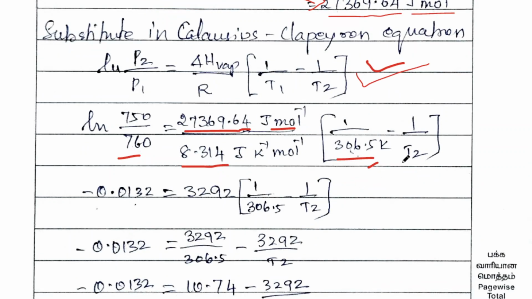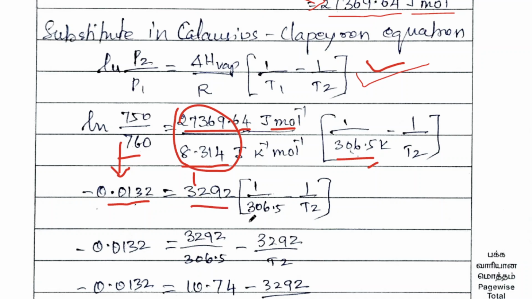Upon solving, dividing 750 by 760 and taking the natural logarithm, or you can also take log and multiply by 2.303, you will get this value. Upon dividing these values, you get 3292, and the same is here.